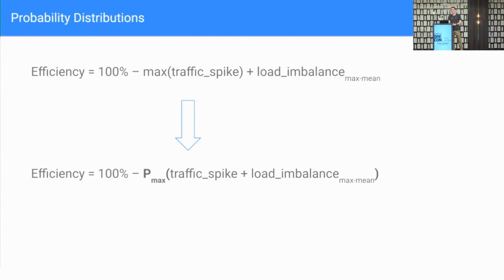So what we're actually interested in is the combined probability distribution of both of these factors. So I've denoted that there as P, and what we want to measure against is the maximum of this combined distribution. And this max should be lower than the individual maxes of each of these factors added together. Again, we've got peak of sums being lower than the sum of peaks.